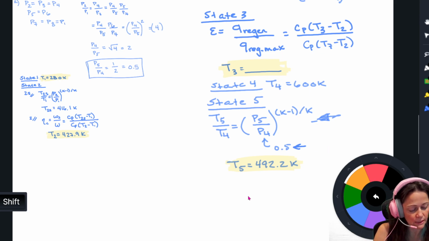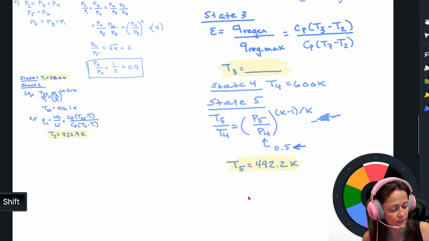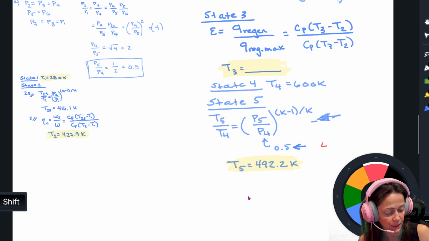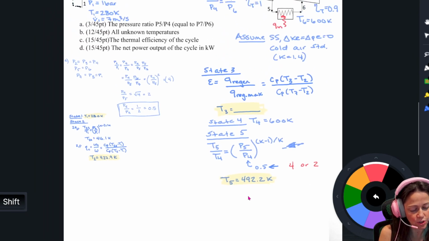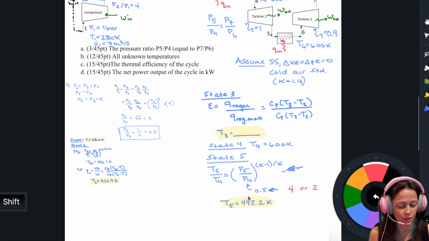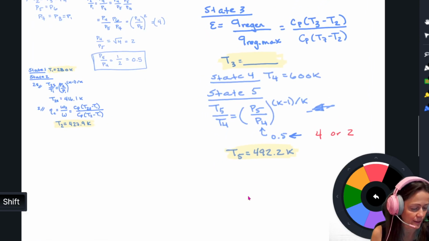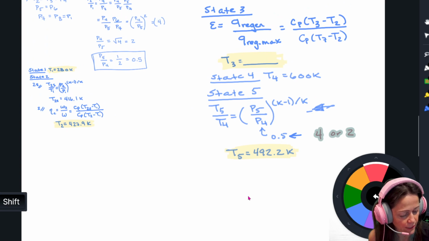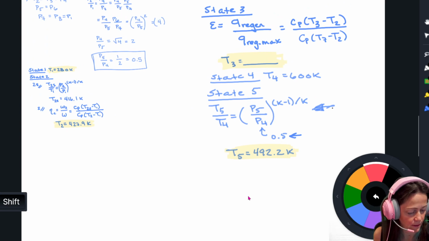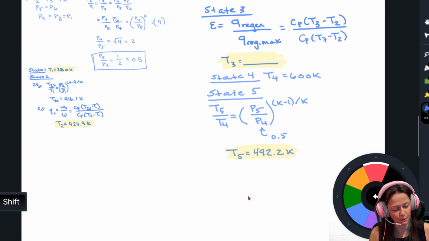You may have gotten docked half a point for plugging in something like 4 or 2, because that pressure ratio should be less than 1. You're expanding from 4 to 5, so your pressure should be dropping. P5 over P4 should not be greater than 1. I tried to give as much credit as possible, but again, you might have lost a tiny bit of points.